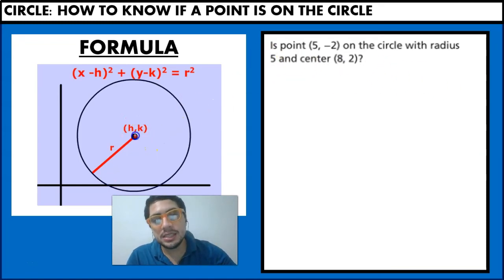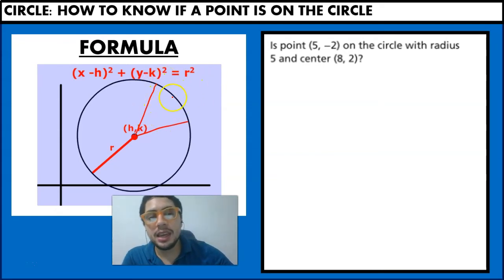So we know that the distance from the center to any point on the circumference is going to be 5. And that is what we're going to be using as a tool to know if our distance from the center to that point is 5.